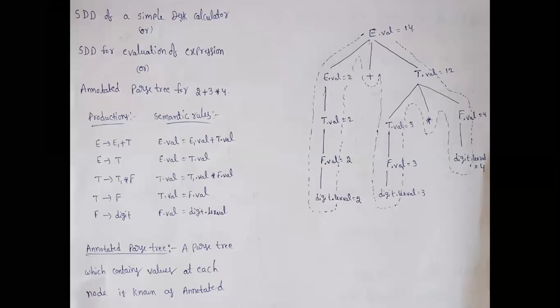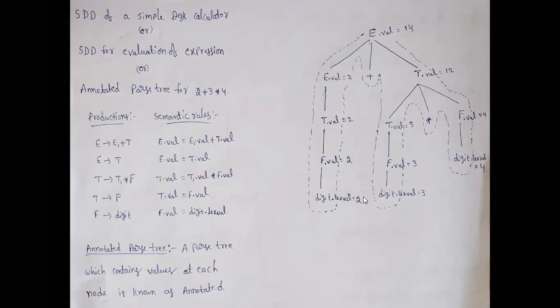So what is the parse tree? We are constructing a parse tree for the given expression, and that parse tree we can convert into an annotated parse tree. So what is an annotated parse tree? A parse tree which contains the values at each node is called an annotated parse tree. So in this annotated parse tree, this is one node, and this is another node, and so on.